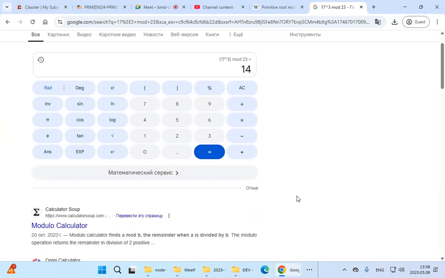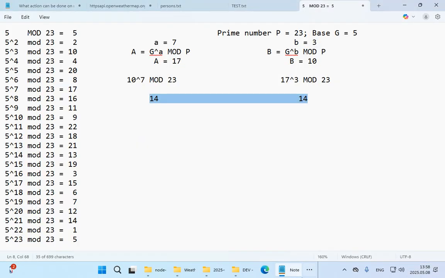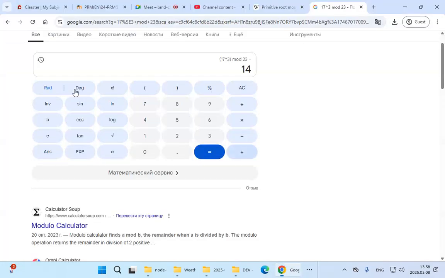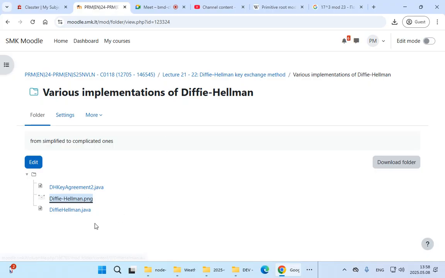Now let us take a very simple algorithm and see how it is implemented. So we have here Diffie-Hellman.